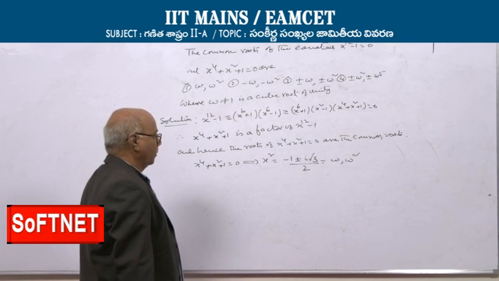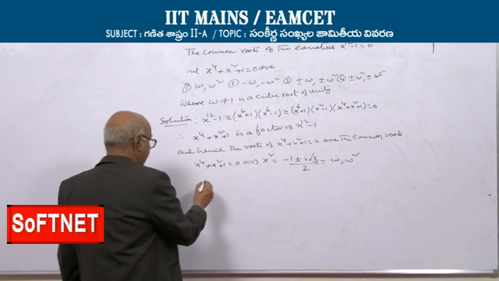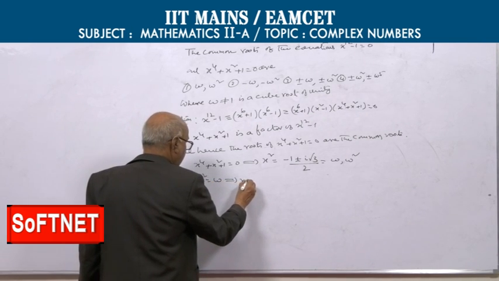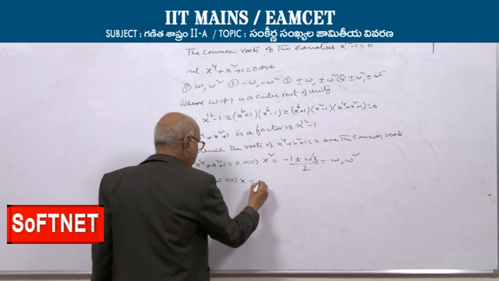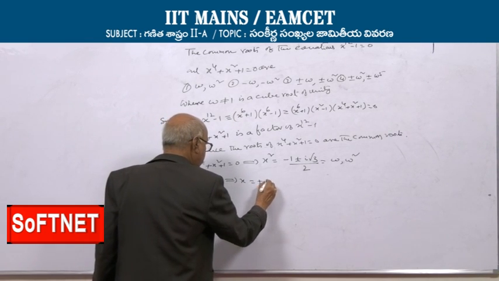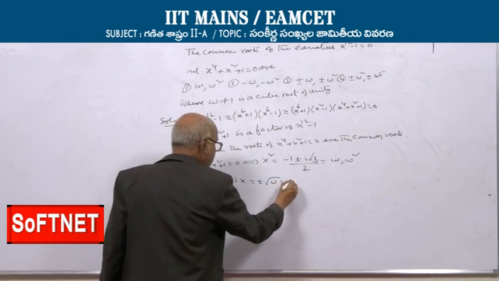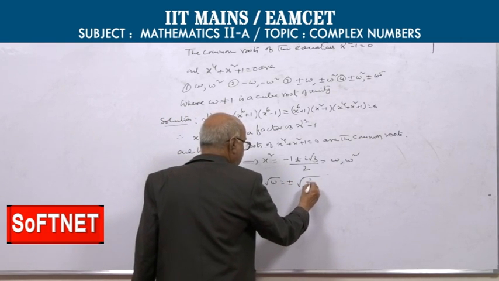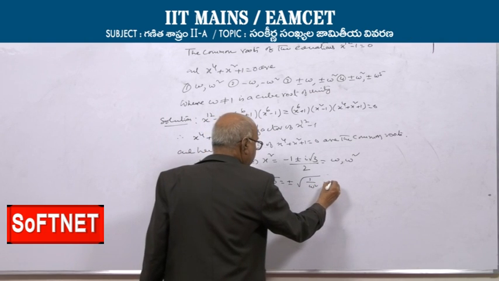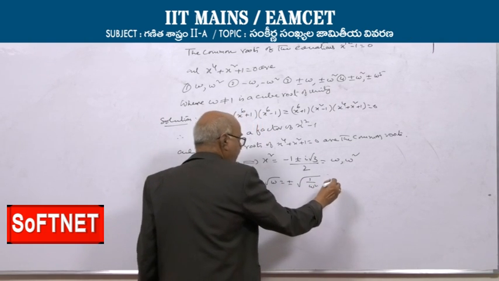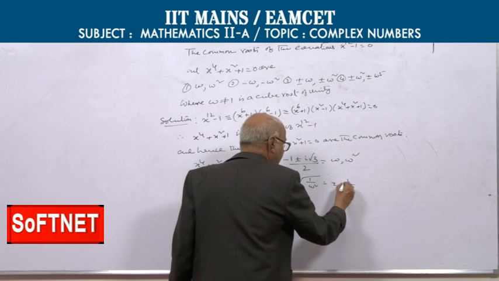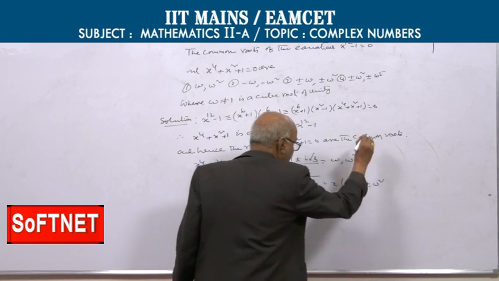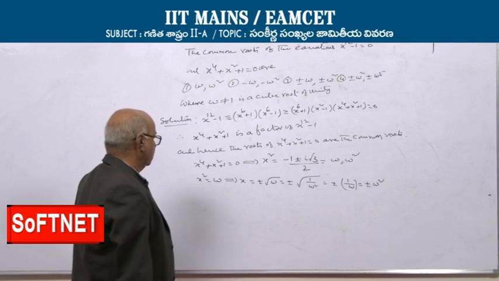So x square is equal to omega implies x is equal to plus or minus square root of omega, which is plus or minus 1 by omega square. That is plus or minus 1 by omega, and 1 by omega means omega square.